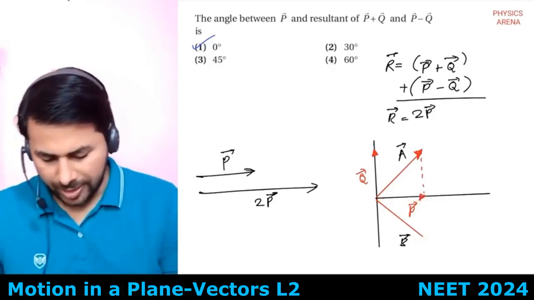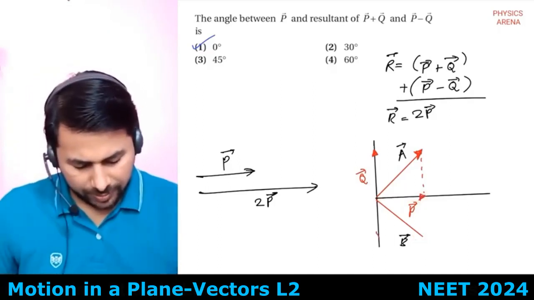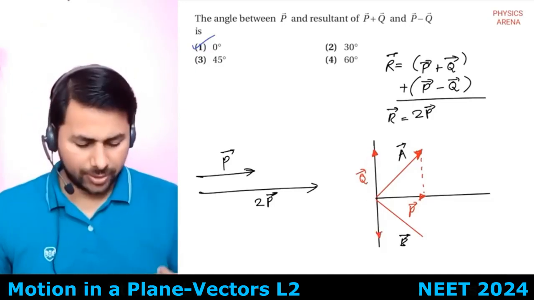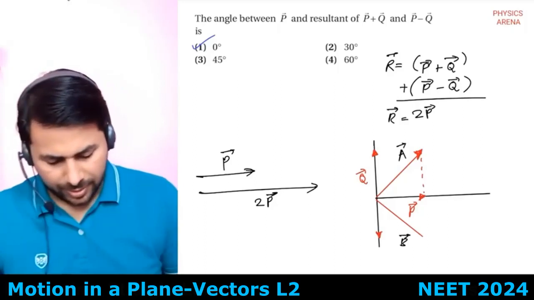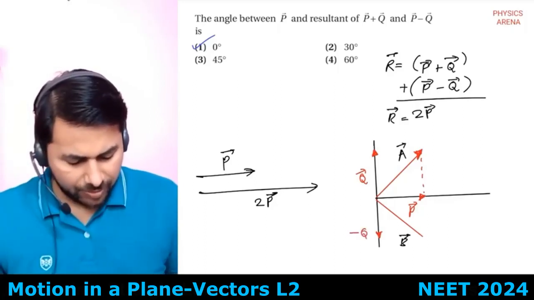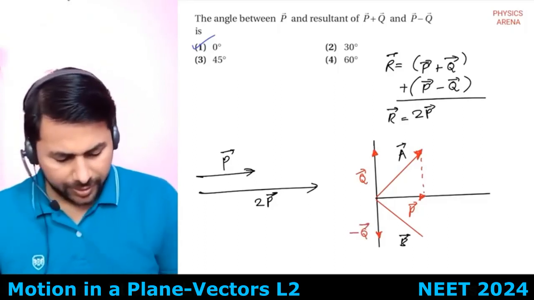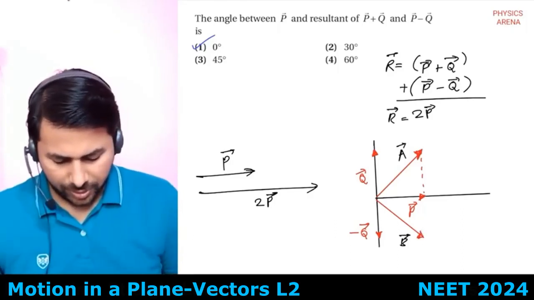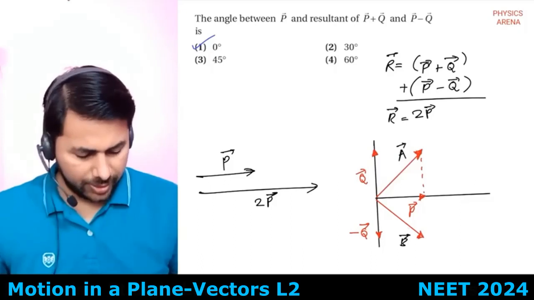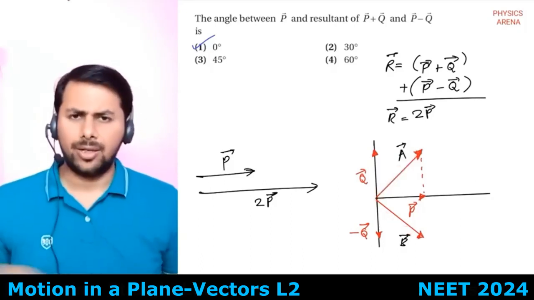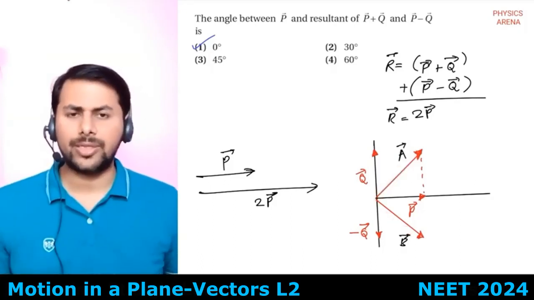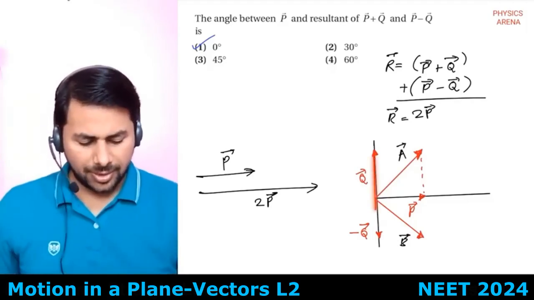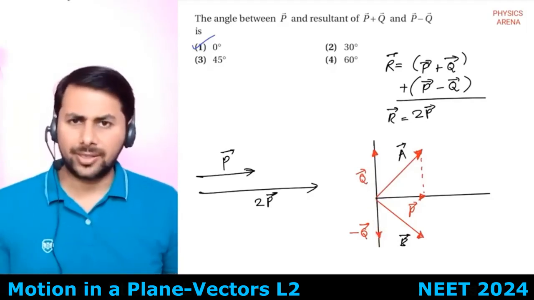So what is minus q bar? Minus q bar is just q bar rotated by 180 degrees. This is minus q bar. So you have a bar and b bar. If you add these two, what will be the resultant? These vertical components get cancelled.